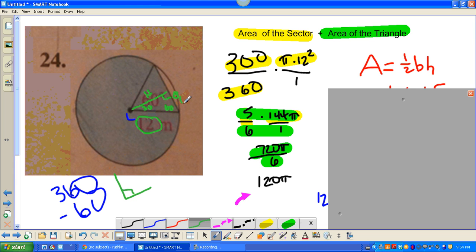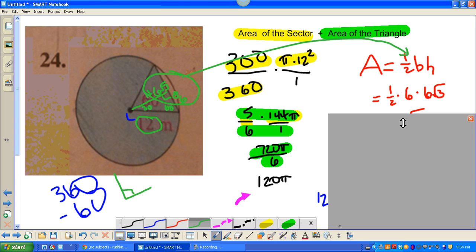So if I take half of that, this is 6, and then I take 6 and I multiply it by √3 to get the side opposite the 60 degrees. So the 6 and the 6 root 3 get plopped in the area formula. Okay.